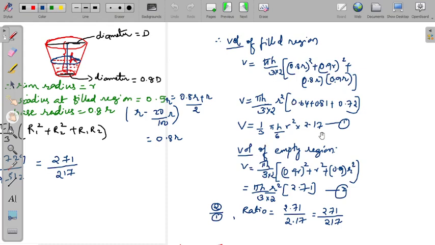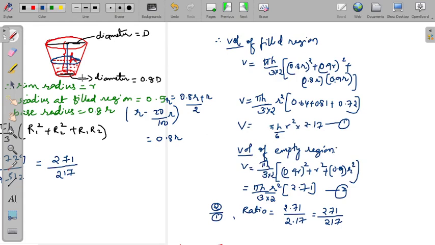Simplify this, and it comes out to be 1 by 3 pi h r squared divided by 6 into 2.17. So this is pi h by 6 r squared into 2.17.